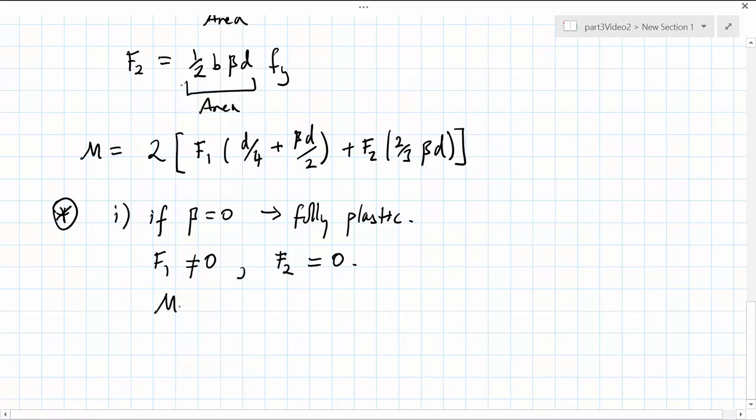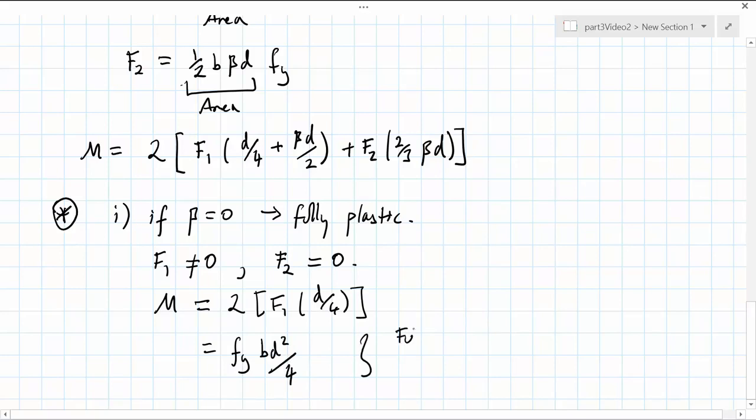Consequently, the bending moment is equal to 2 times F1 times by d over 4, which when evaluated is equal to Fy times by b d squared over 4.